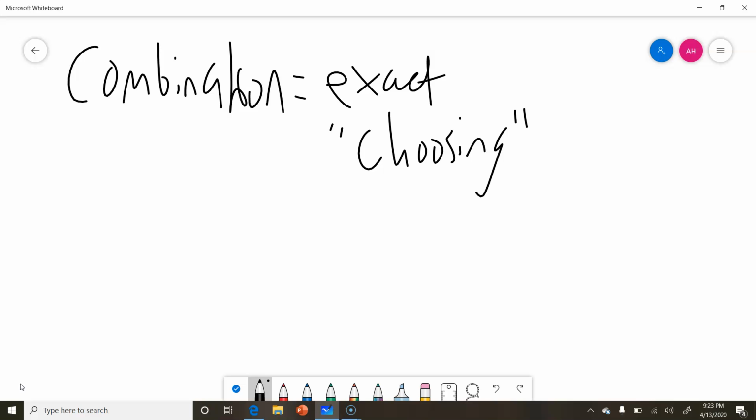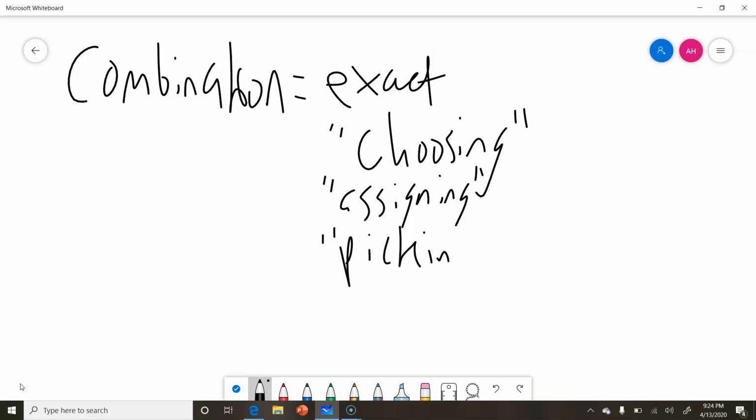Okay, if they use choosing or the word assigning, or even the word picking. Okay, choosing and assigning and picking, those are more exact words, and this right here is all saying that it's a group.